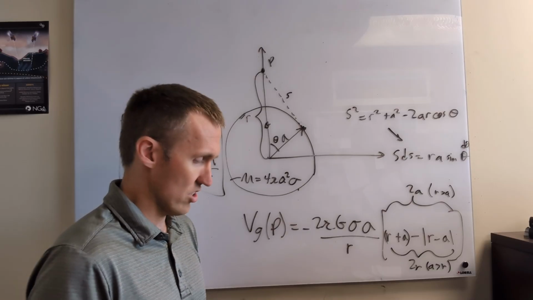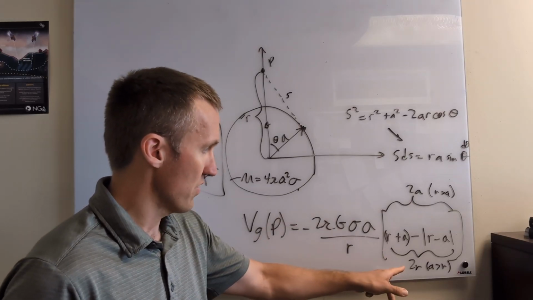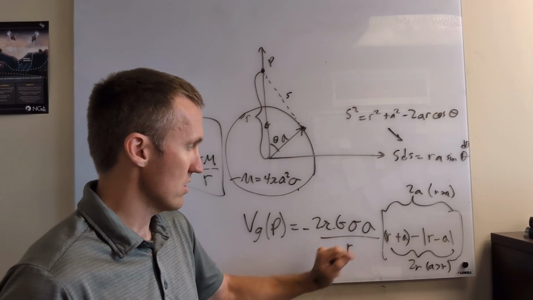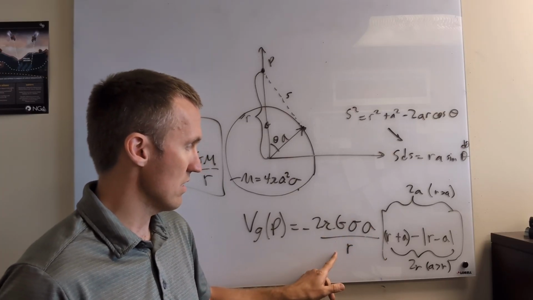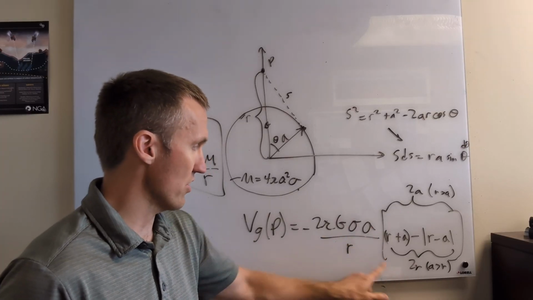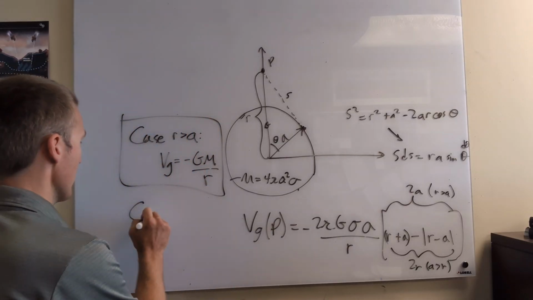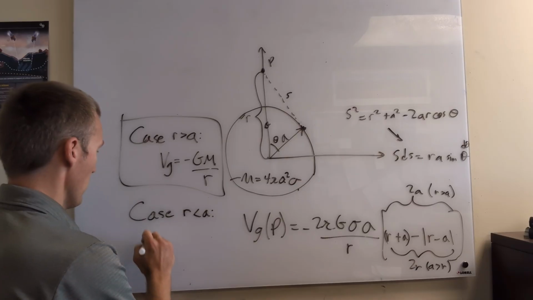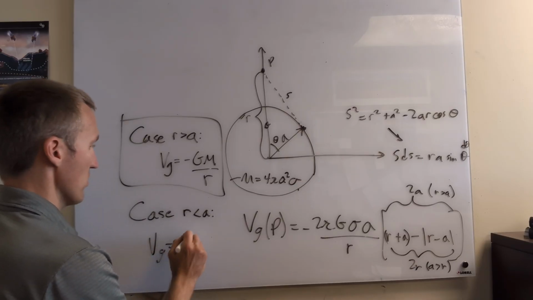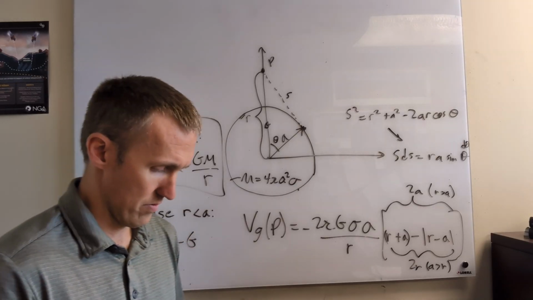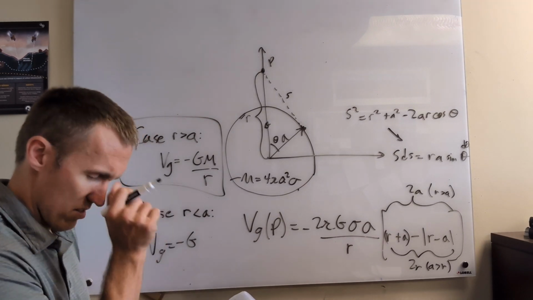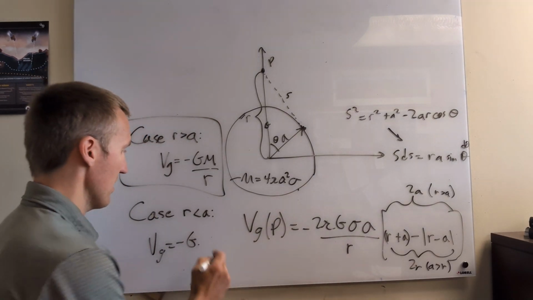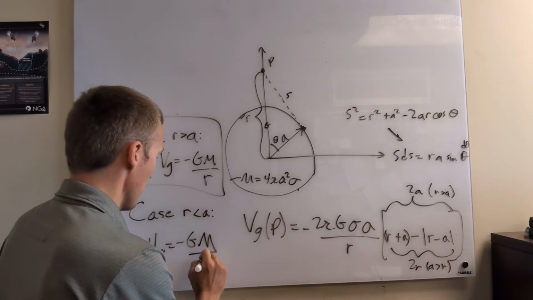So for inside the shell, we end up with a 2r, and now we end up with an r canceling out. We end up with 4 pi sigma a. The r's cancel out each other and G. So if we have the case r is less than a, we end up with Vg is equal to negative G, and we're going to throw in an a here so that we can still write this in terms of mass.